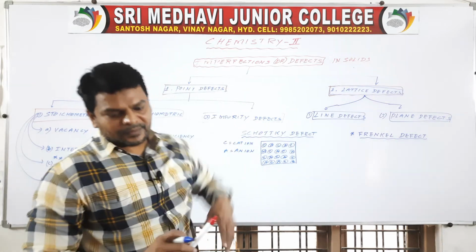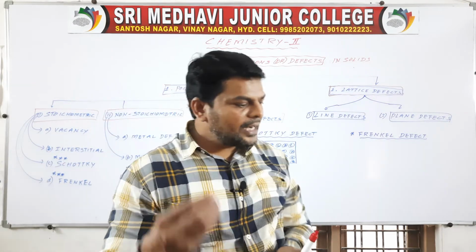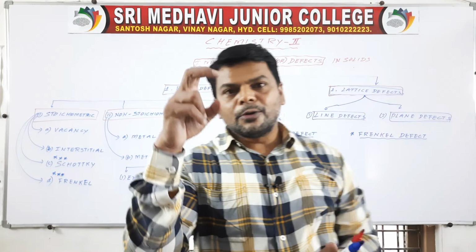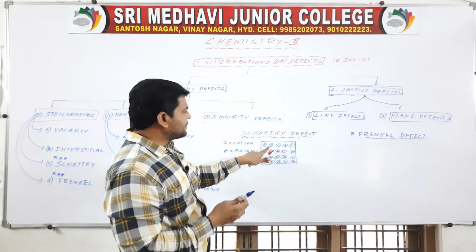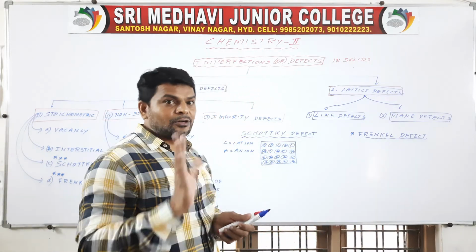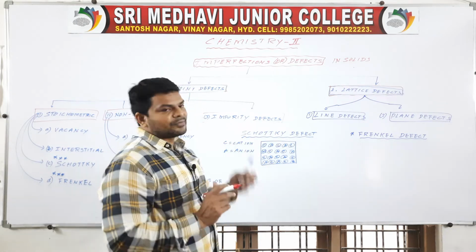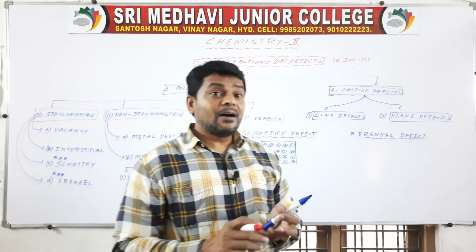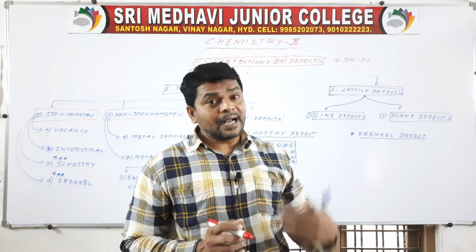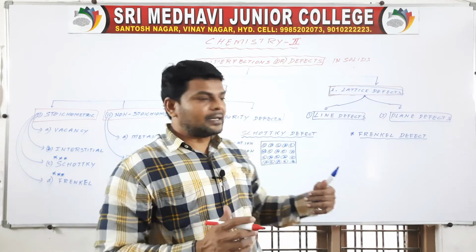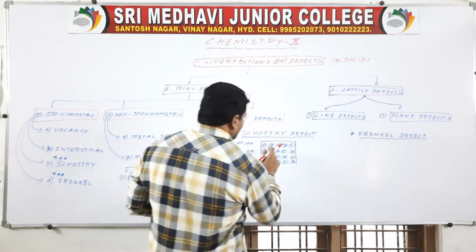In this crystal, electrical neutrality is maintained because when one cation is missing from its normal site, one anion is also missing from its normal site. So this defect is formed due to missing of equal numbers of cations and anions in the crystal.